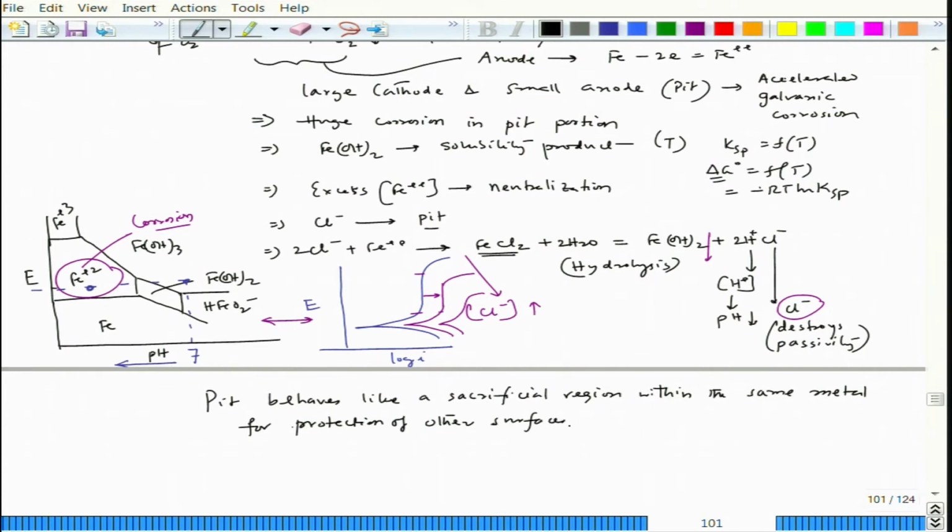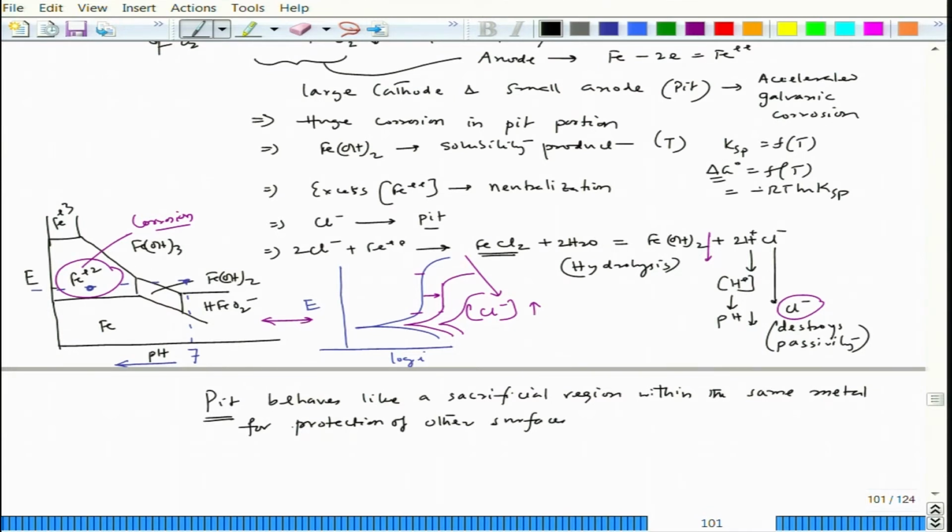That means for sacrificial activity we do not need another metal. The pit itself acts like a sacrificial anode region which protects the other surfaces.